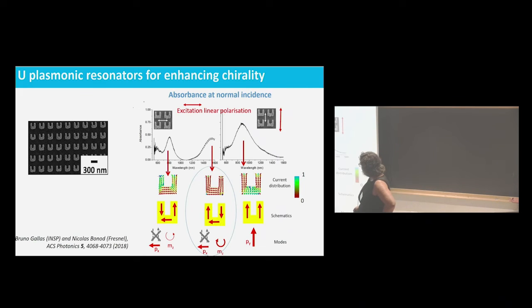You can see that the typical size is a few hundred nanometers. And the objective here is to see if you can use non-chiral materials, these U shapes are not chiral, in order to enhance the chirality of what you observe.